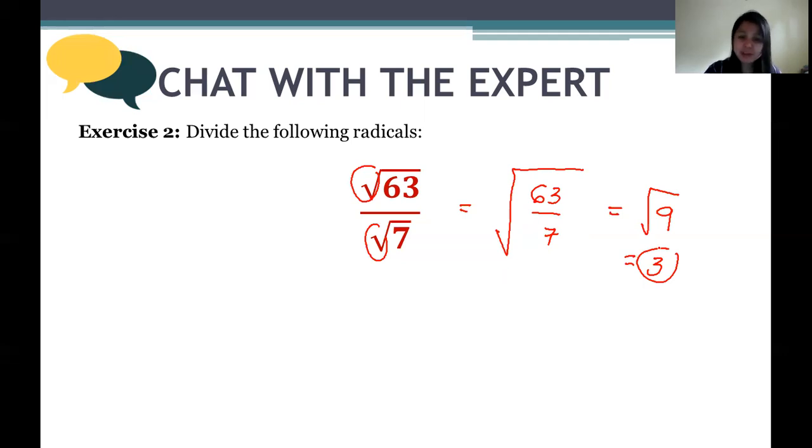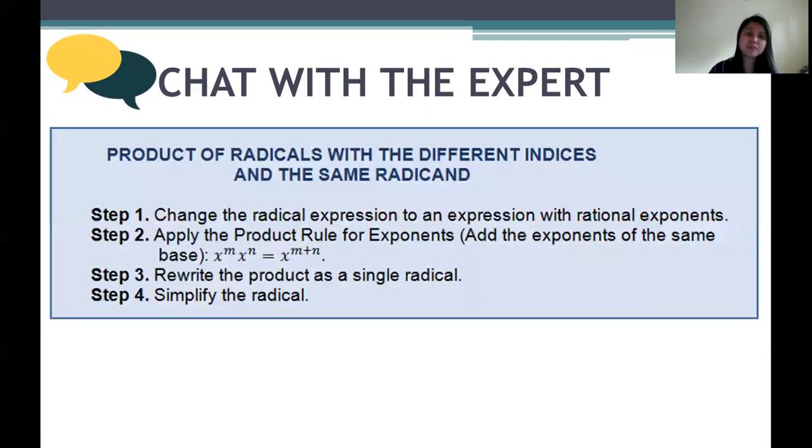What if the radicals have different indices? Now, here's how you will do it. The product of radicals with different indices but the same radicand. First, you need to write the radical expression into a rational exponent expression.